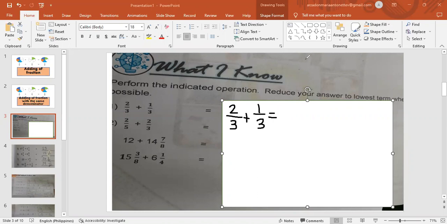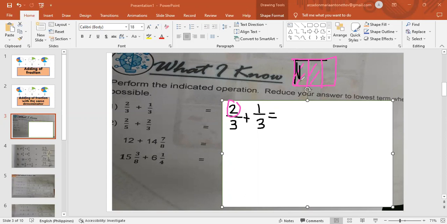So, for example, you have a rectangle with 3 parts. 1, 2, 3. But the other one is shaded. So we have to shade 2.